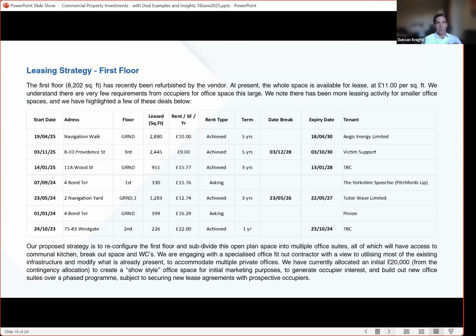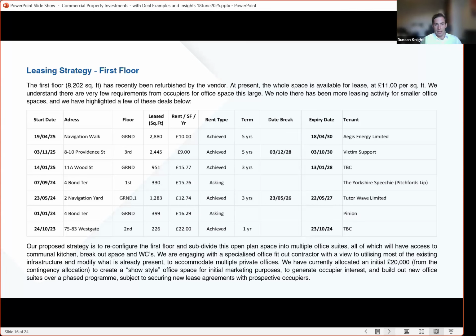So we would speculatively spend a bit of money as some capex to present a market office suite, show some people around, generate some interest, and let that space before moving on to the next one.